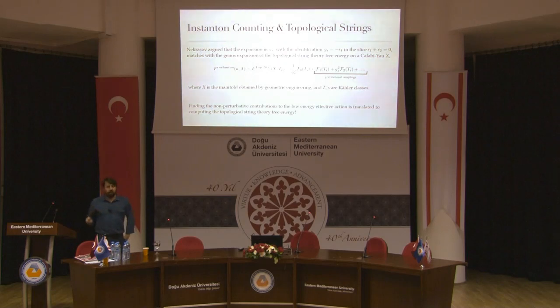And the funny thing is, remember this localization computation by Losev, Moore, Shatashvili, and Nekrasov. In that computation, Nekrasov realized an amazing relationship. He said, if in this limit I'm taking, epsilon 1 plus epsilon 2 equals 0, he just couples these two rotations to each other, and these two degrees of freedom reduce to one, because we impose a relation between them, and you can associate one of the parameters to the coupling constant of string theory.